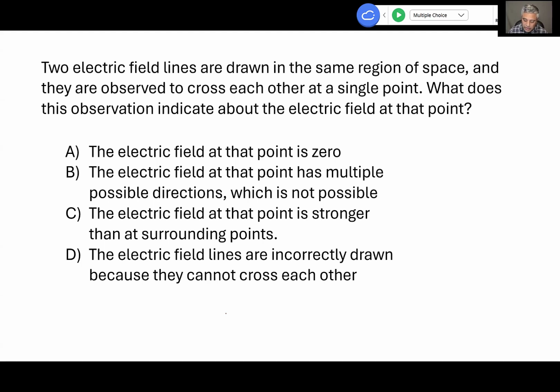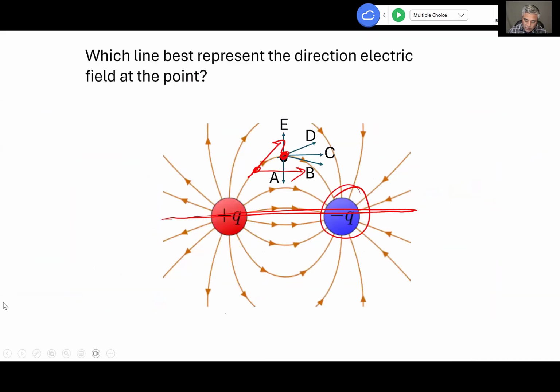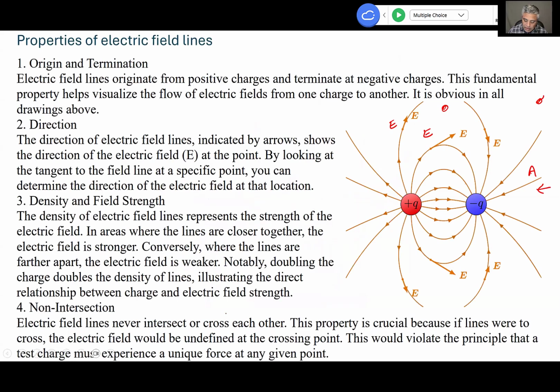That's what we talked about. If they were to cross, that would mean there would be field pointing in different directions at the same point. So that question is checking your knowledge of this property.